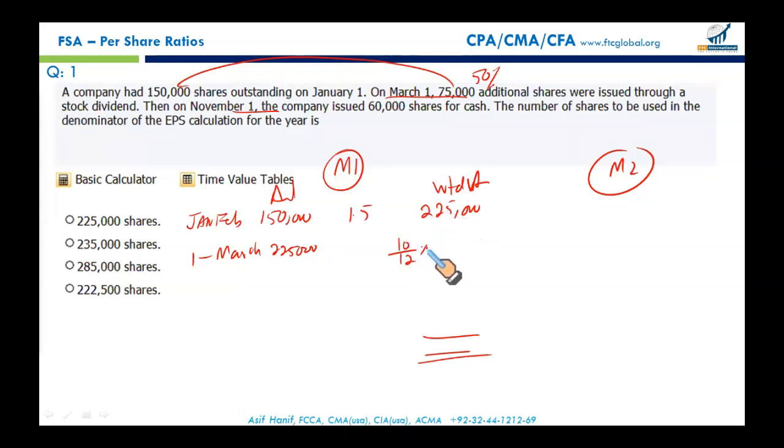Multiply this with 10 upon 12. Let me calculate this. 225 multiplied by 10 upon 12 gives 187,500. So these shares will be counted from 1st Jan to the end of October. So the weighted average will be 187,500.